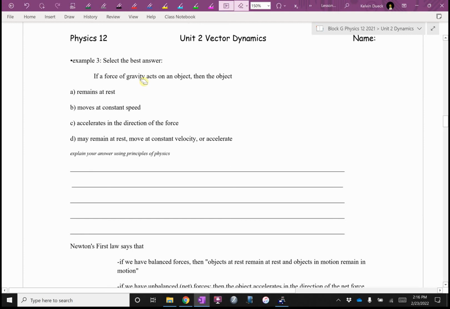So, if the force of gravity acts on an object, then the object A remains at rest, B moves at a constant speed, C accelerates in the direction of the gravitational force, or D, all of the above. Okay. Who says A? It's got to be A. Who says B? Of course, it accelerates in the direction of the force.